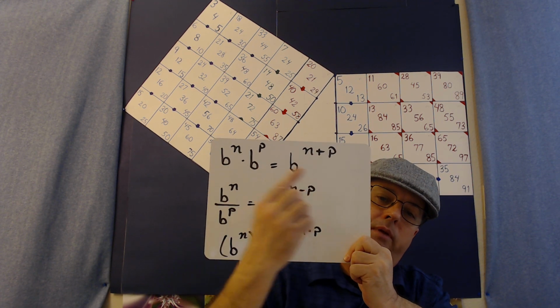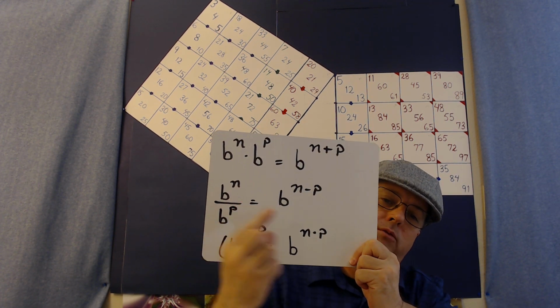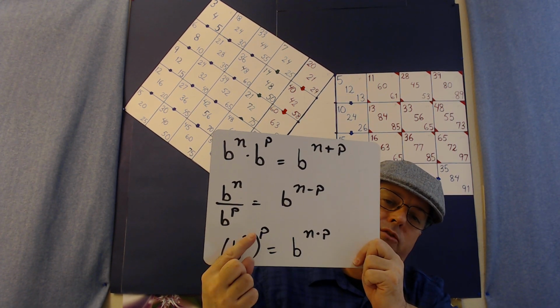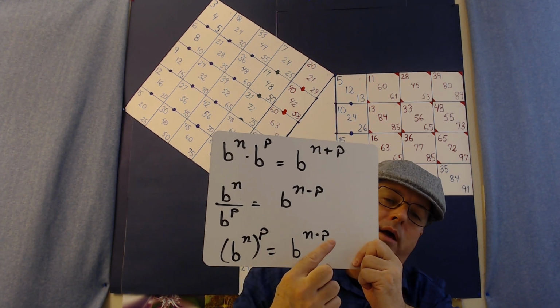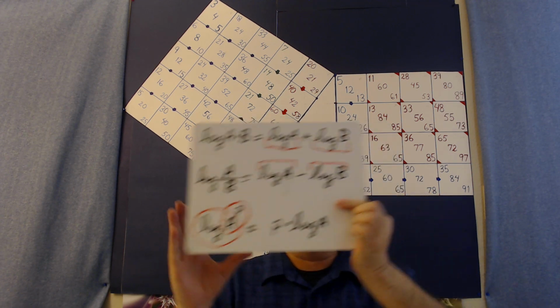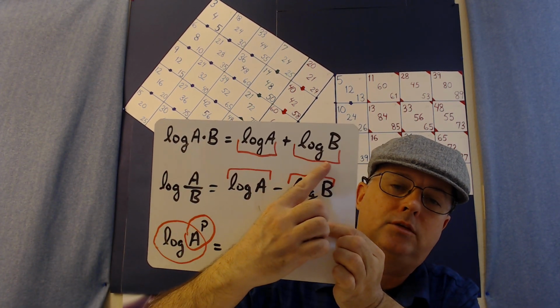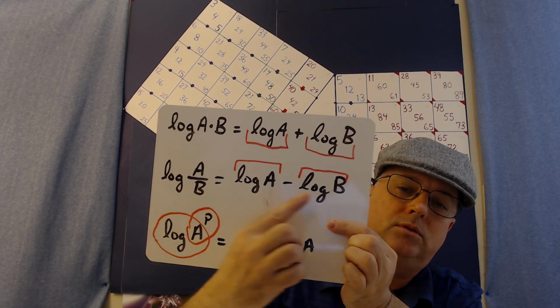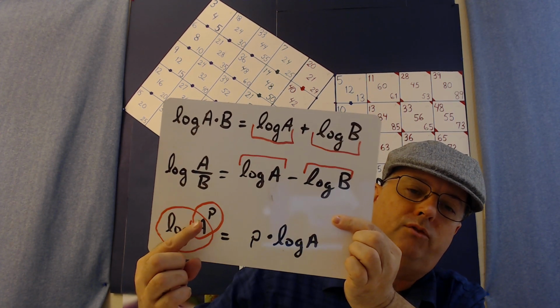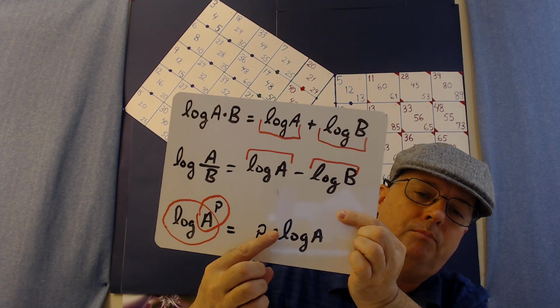If we multiply, we add the exponents. If we divide, we subtract the exponents. And if we have a power to a power, we multiply the powers. And same thing for logarithms. If we're multiplying, we add the exponents. If we're dividing, we subtract the exponents. And if we have a power to a power, we multiply those powers.